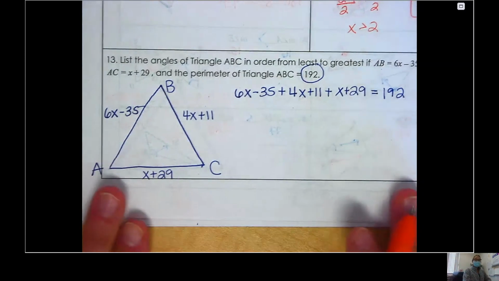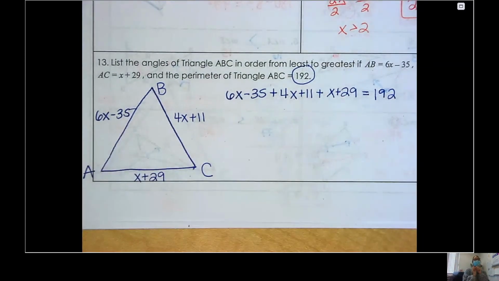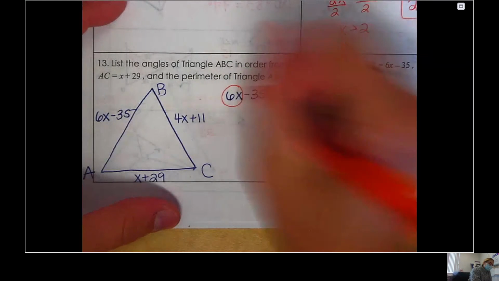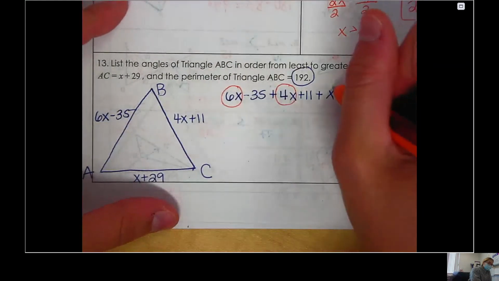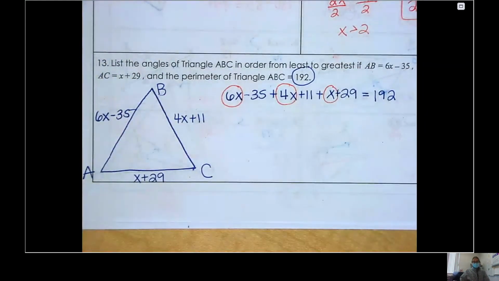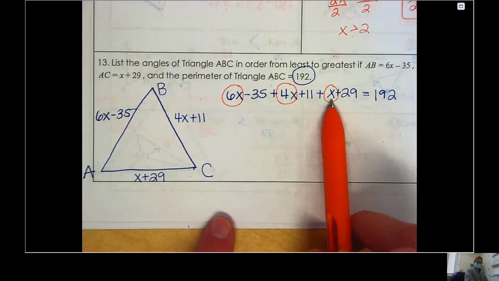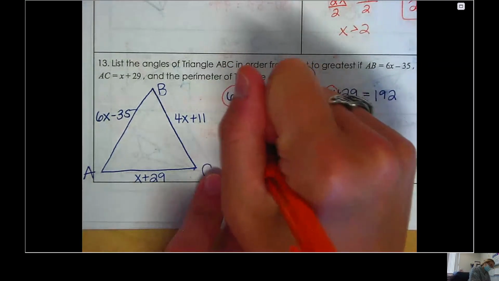Okay, what should I do first? Very long equation. Combine like terms. Which like terms can I put together? The x's. So I've got a 6x, a 4x, and an x. How many is that in total? 11 x's, right? If there's no number in front, you can put a 1 there. There's 11 x's.